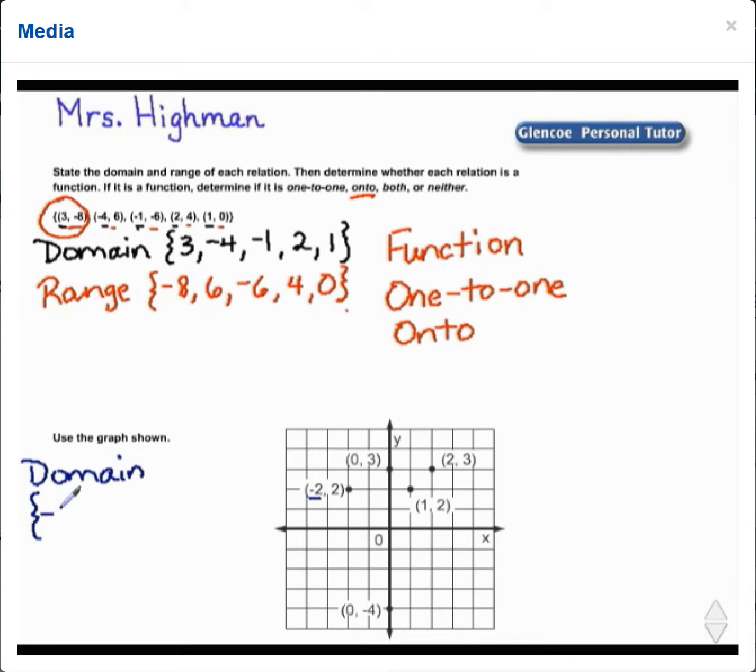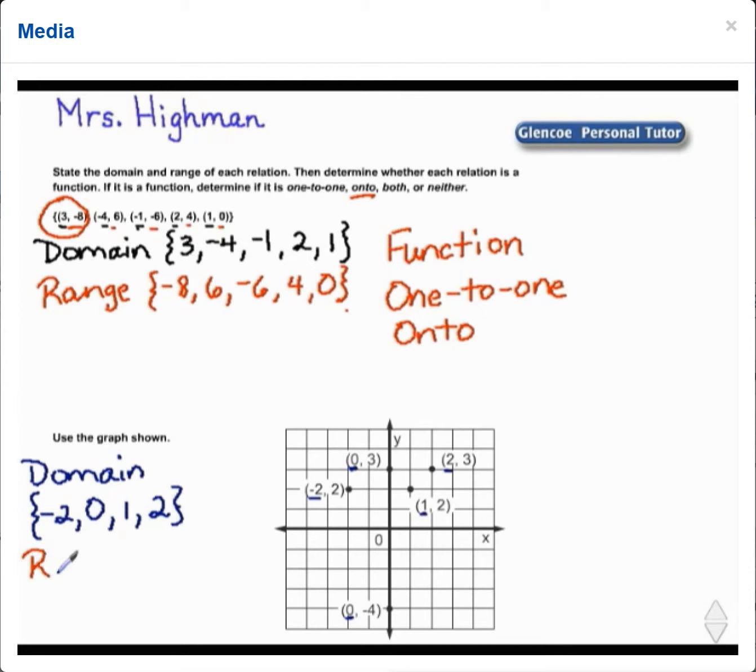So -2, and moving across the graph, I see we have 0 and 0 again. We only need to list that one time. And then our next point as we move across, we have a 1. And the last one here is 2. So those are all the x values or all the members of the domain.